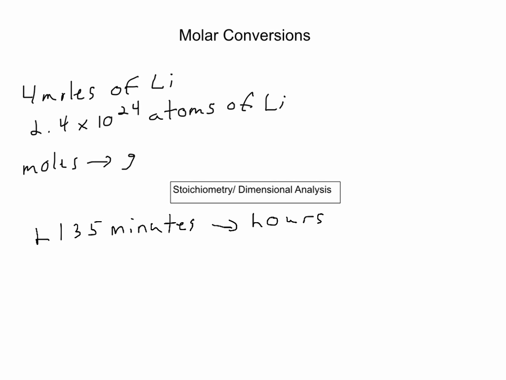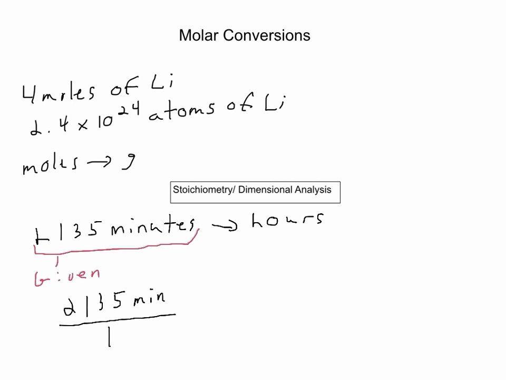So when I do stoichiometry, there are several steps that we're going to do. First, we will take our given. So whatever number along with the unit that's given in the problem is known as our given. So we'll take our given and we're going to put it over the number 1 as a fraction. So 2,135 minutes over 1.